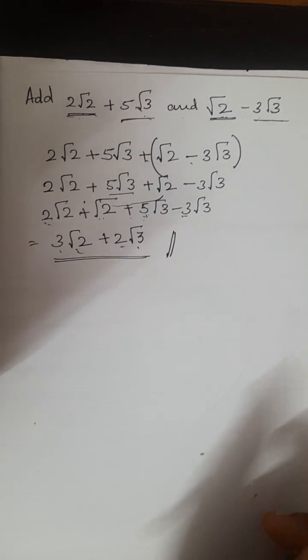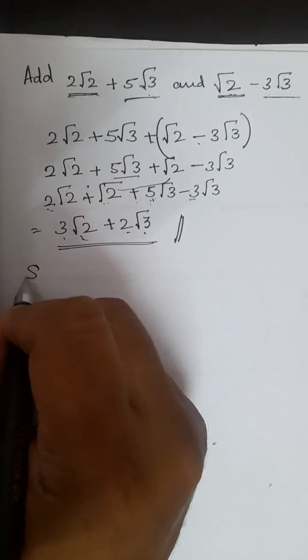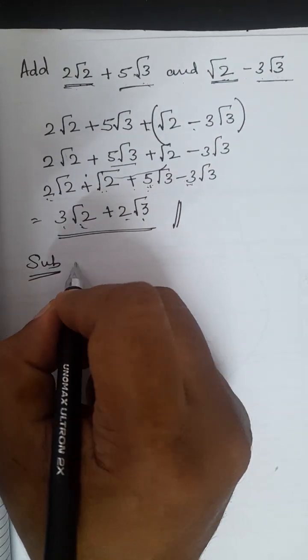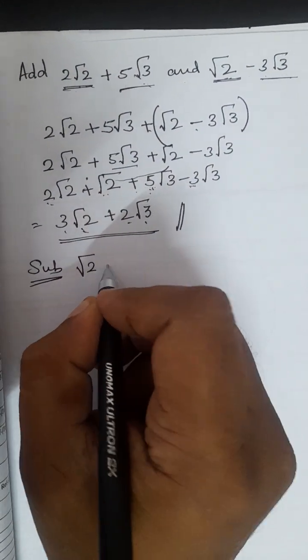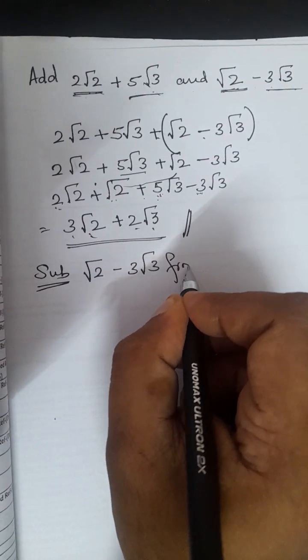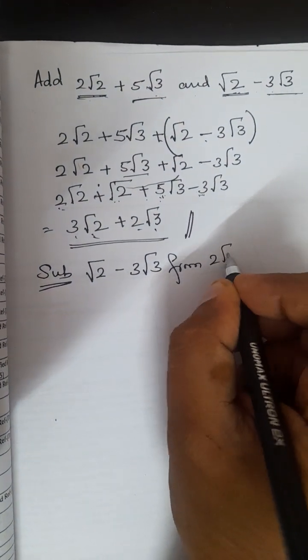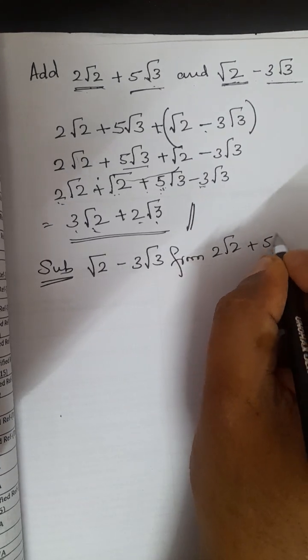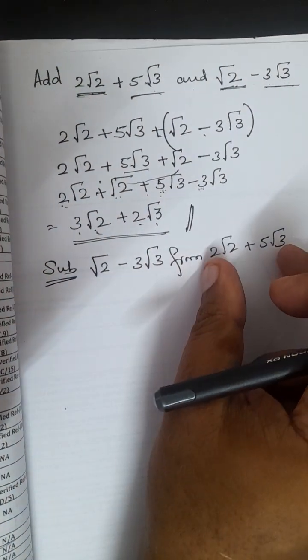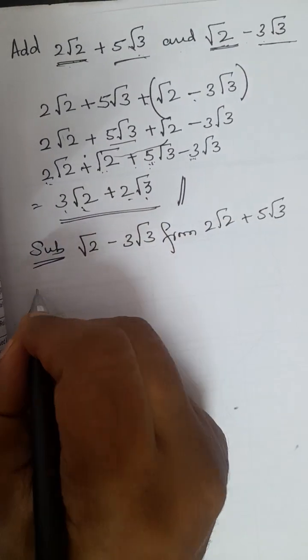Now let us consider the same sum for subtraction. Let us say subtract 2 root 2 minus 3 root 3 from 2 root 2 plus 5 root 3. I have to subtract this part from this irrational. So let us start.